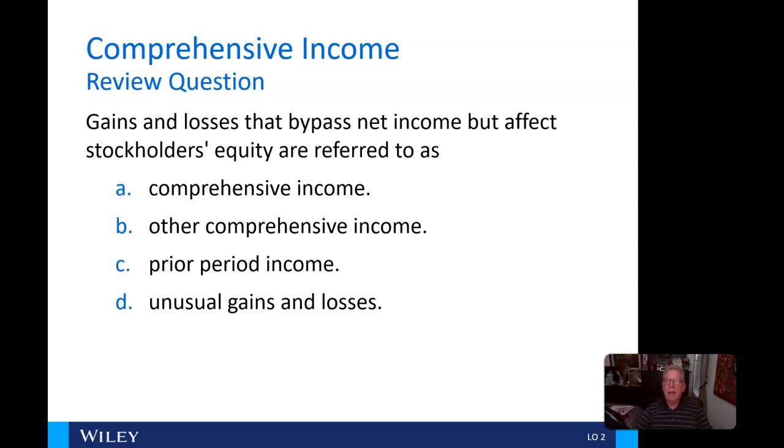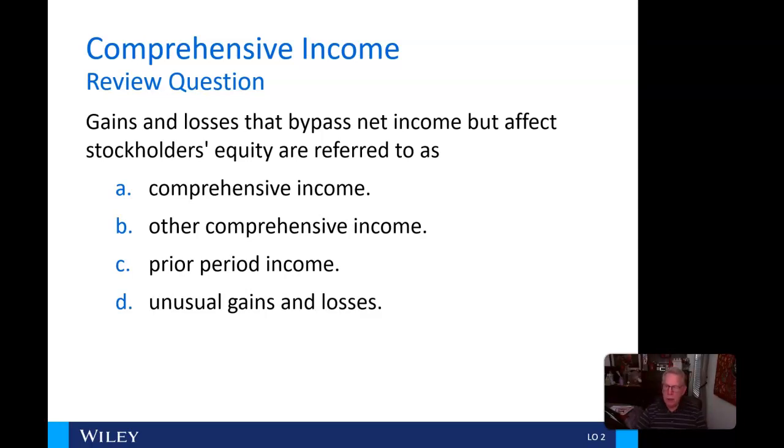All right, gains and losses that bypass net income but affect stockholders' equity are referred to as: A, comprehensive income; B, other comprehensive income; C, prior period income; and D, unusual gains and losses.